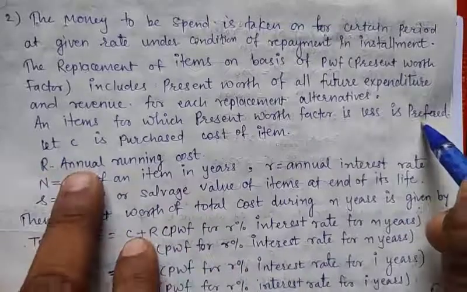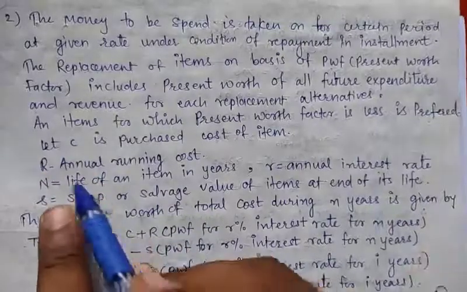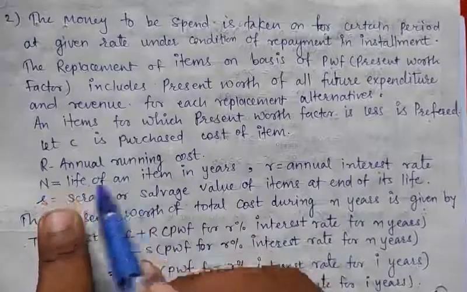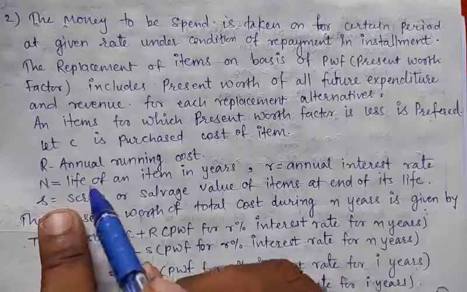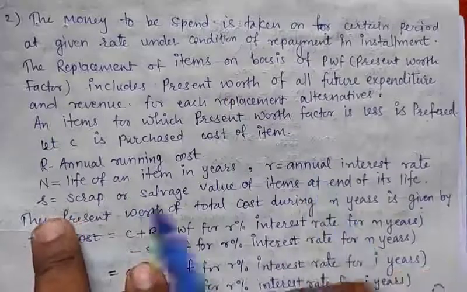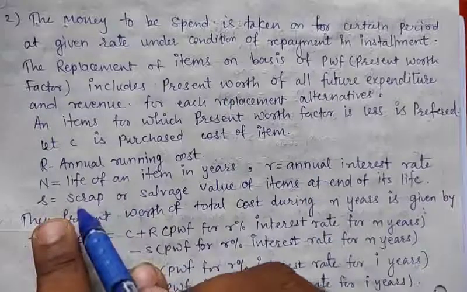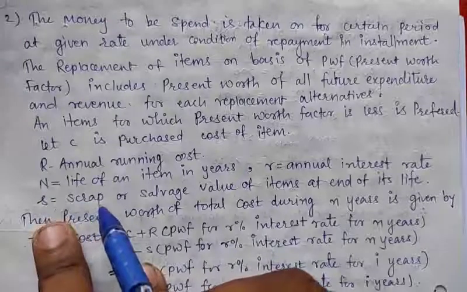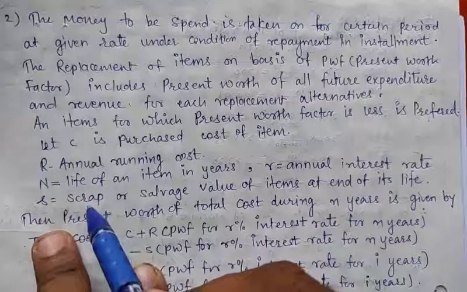So let's see the purchase cost of an item. C is the notation for purchase cost, R is the notation for annual running cost, N is the notation for life of an item in years, small r is the annual interest rate, and S is called scrap value or salvage value of an item at the end of its life.